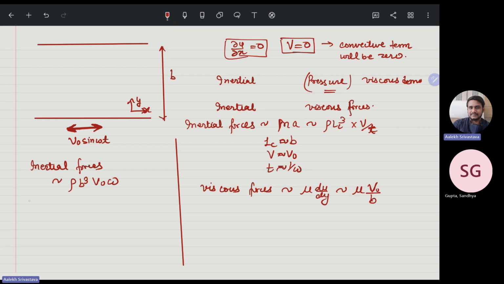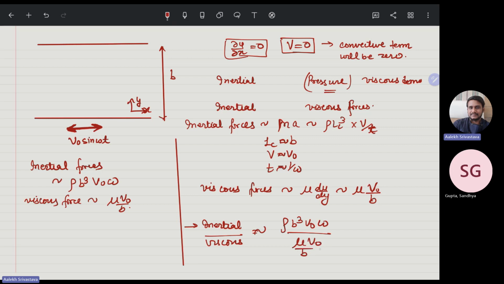Therefore the viscous force is of order of magnitude mu v0 by b. Hence, if I write inertial by viscous, the ratio would be rho b cube v0 omega by mu v0 by b.